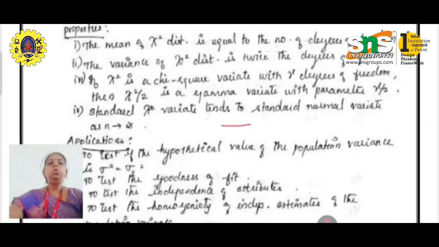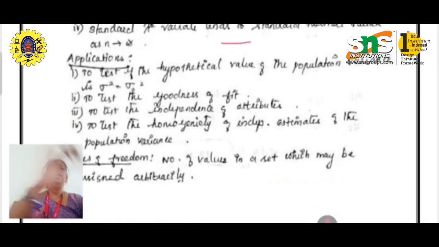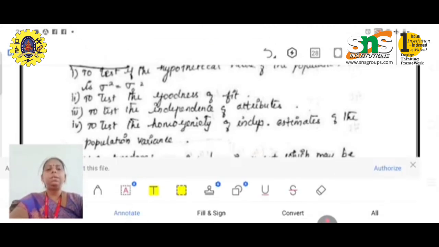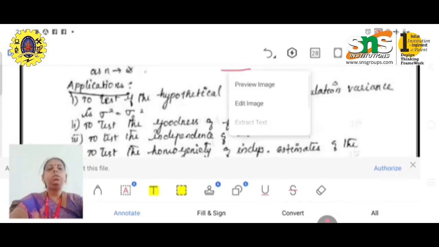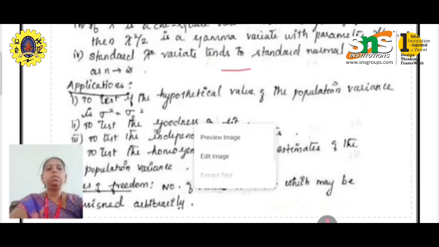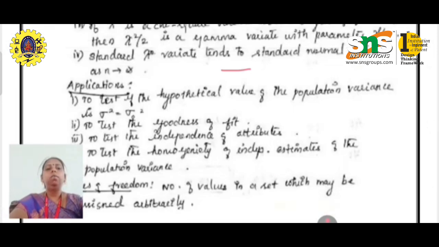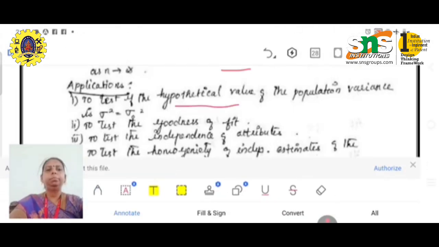Let us now go to the applications of chi-square test. There are many applications of chi-square test. The four major applications are described here. One is to test the hypothetical value of the population variance.